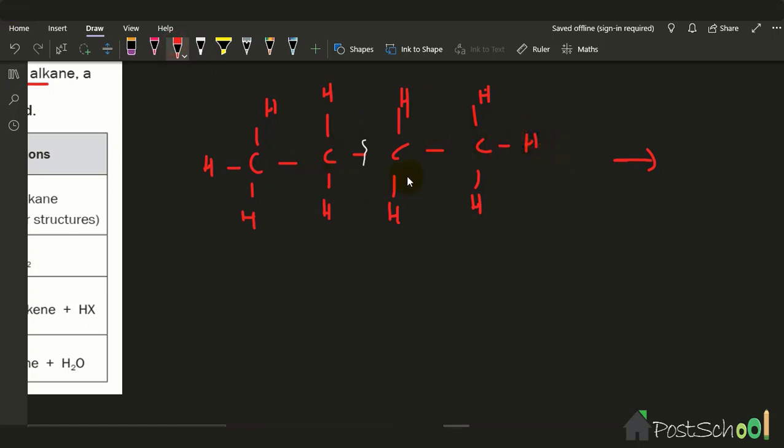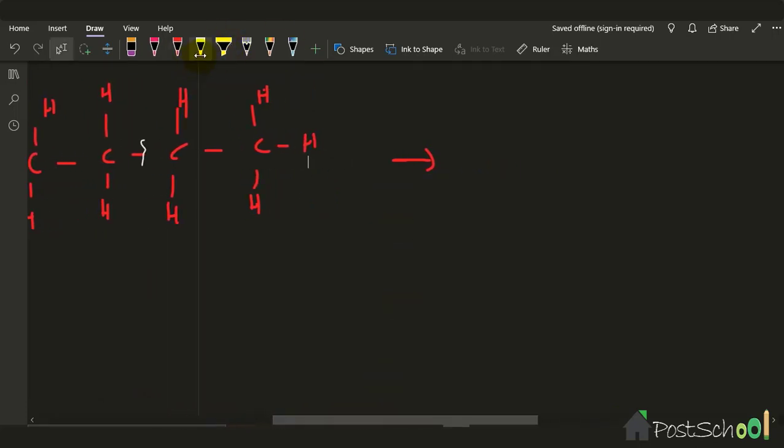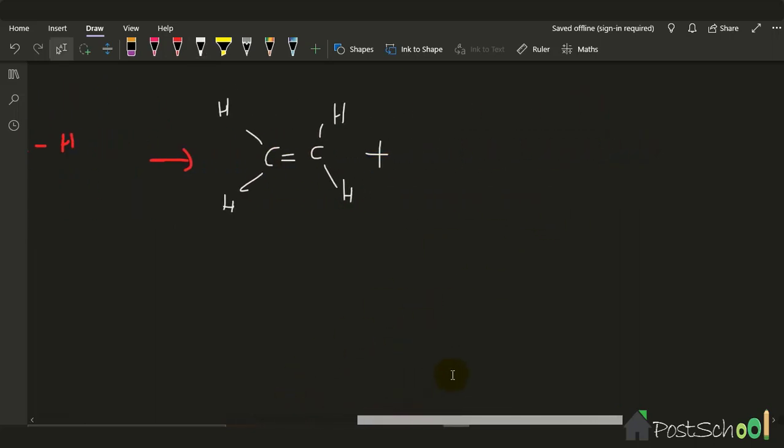So what comes out is an alkene together with an alkane. The results that come out are an alkene, one, two, three, four, and this is an alkene because of one double bond, plus an alkane.